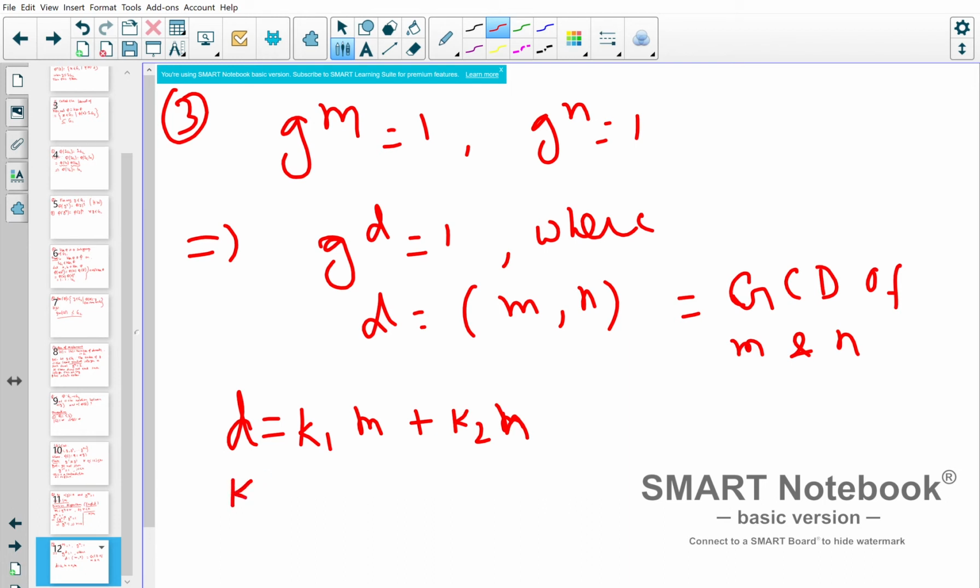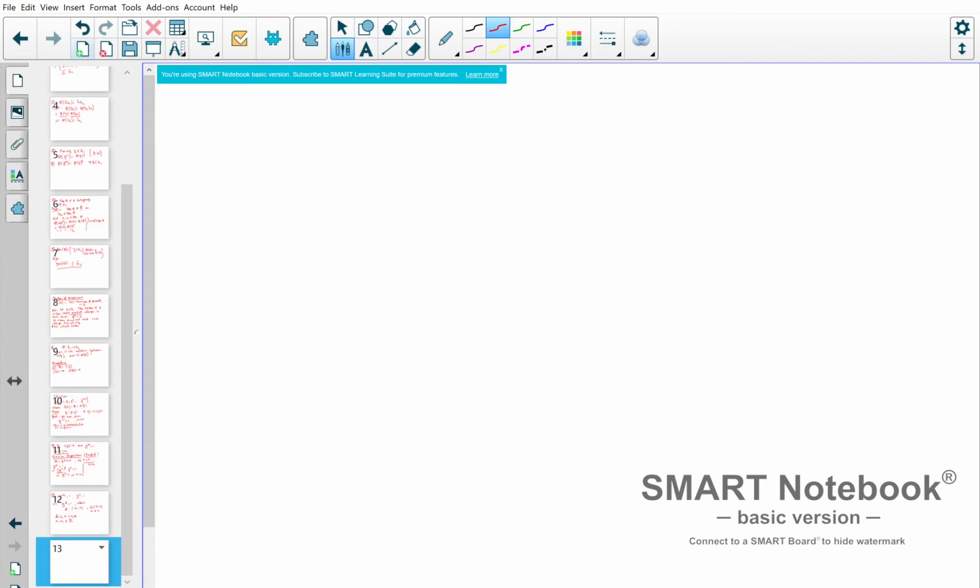So these k1, k2 are elements of integers. Note that these k1, k2 may not always be positive. It may be negative also, sometimes 0 also. So you can easily prove these properties at home.